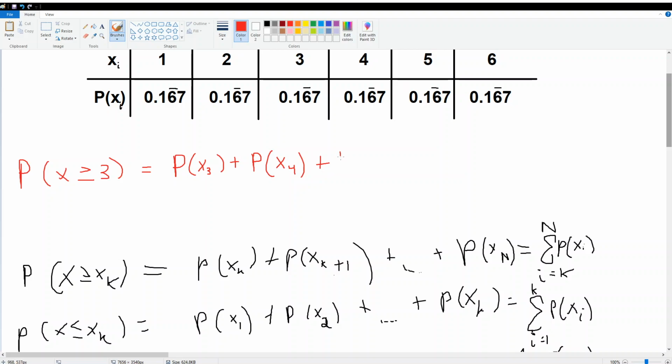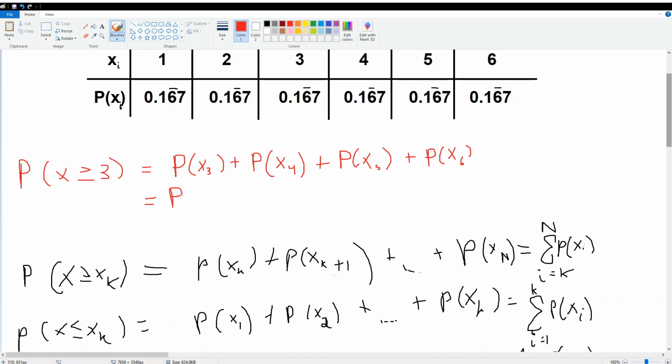In this case, that includes a fifth value occurring, and then plus our p of xn, the last one, the sixth value occurring. In this case, the n is the total number of values, x6, sixth value.